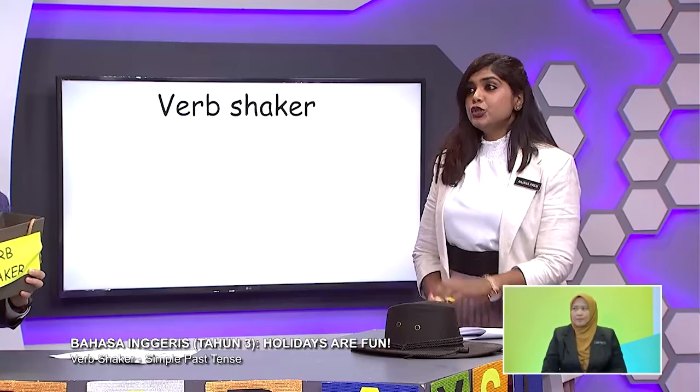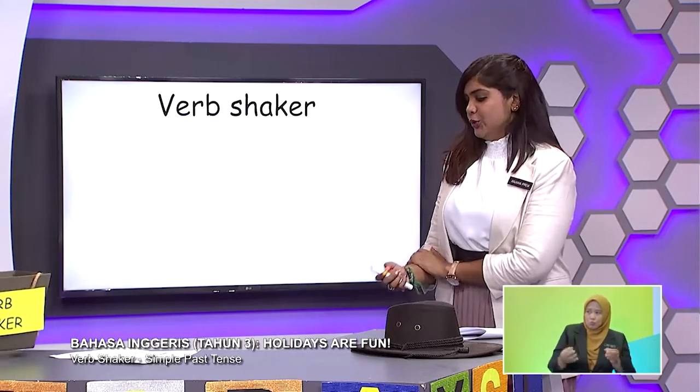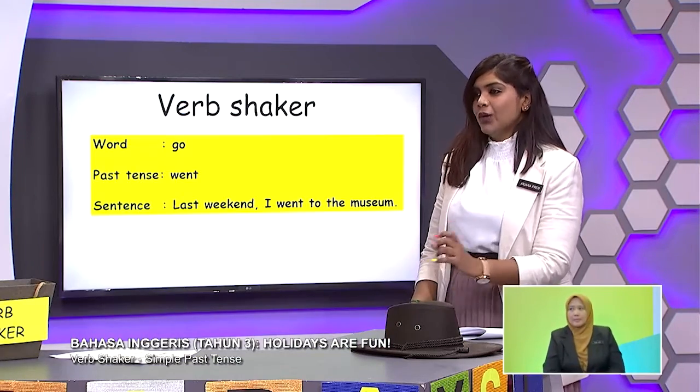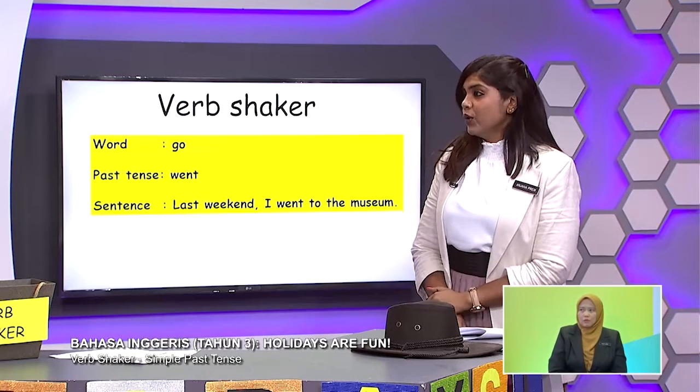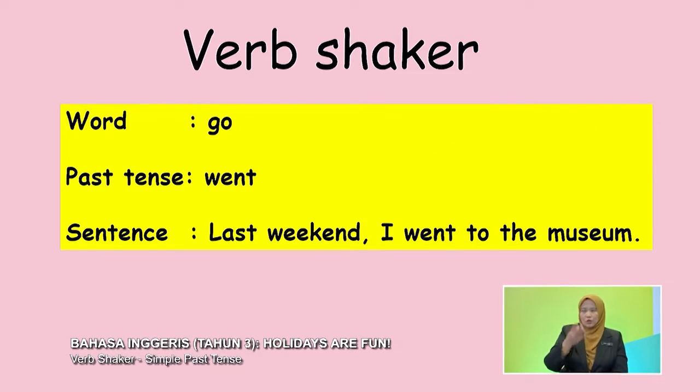What you have to do is give me the past tense of the word. For example, if the word is go, you need to give me the past tense form, which is went, and build a sentence using the past tense form. For example, last weekend I went to the museum.